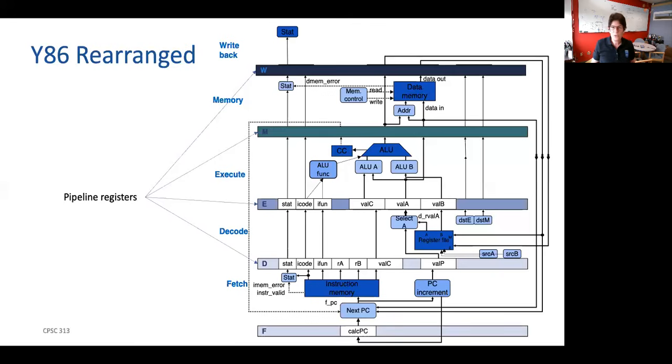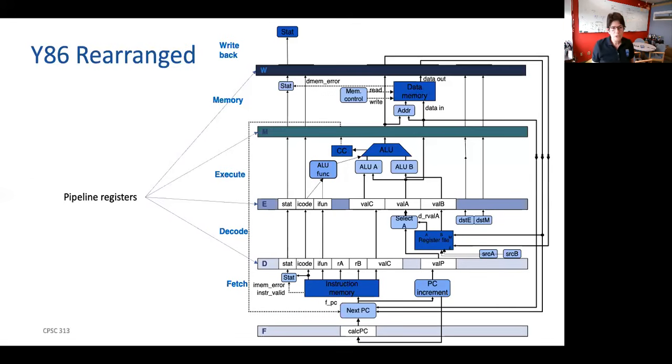But we do need two other pieces of information. From the instruction point of view, rA and rB sometimes have two meanings. Sometimes they're the value you read out of the register file. But if we think about an ALU operation, not only do we use rB to read from the register file, we also use it much later in the write back phase to write to the register file.